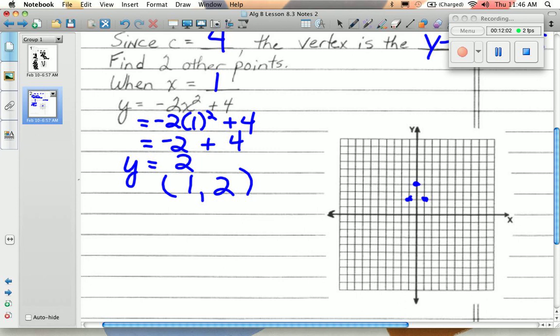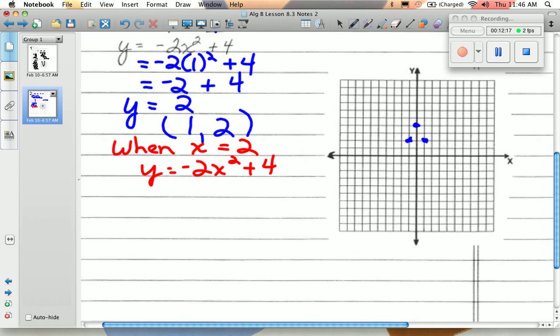Now we will do when x equals 2. So we have y equals negative 2x squared plus 4. We're going to put 2 in for x.